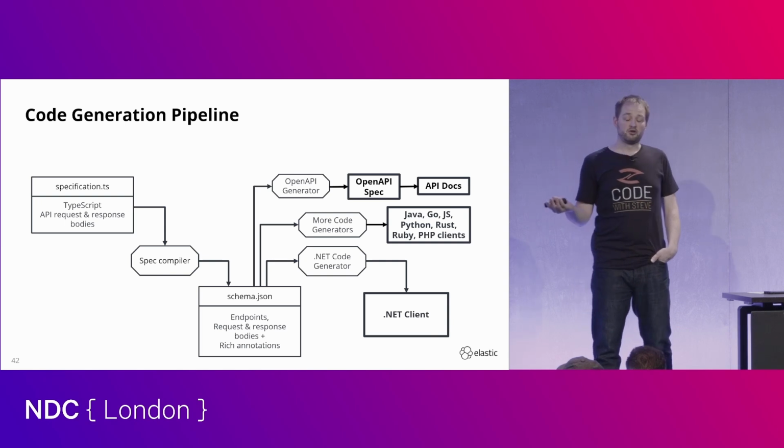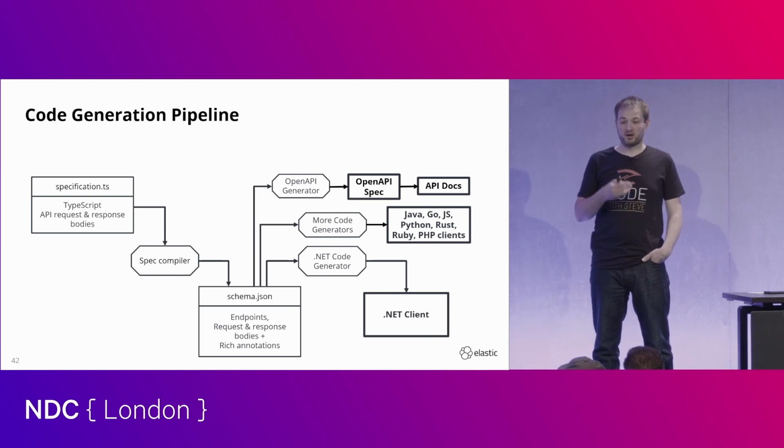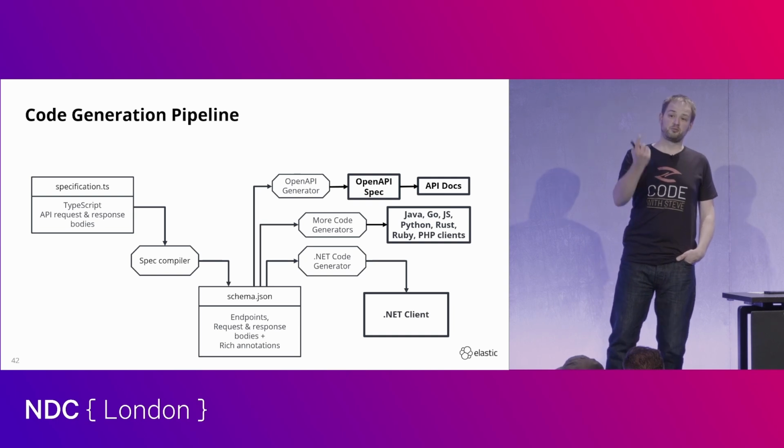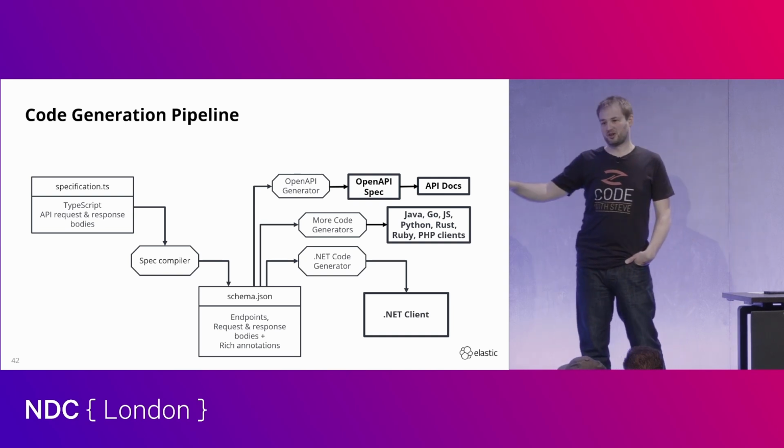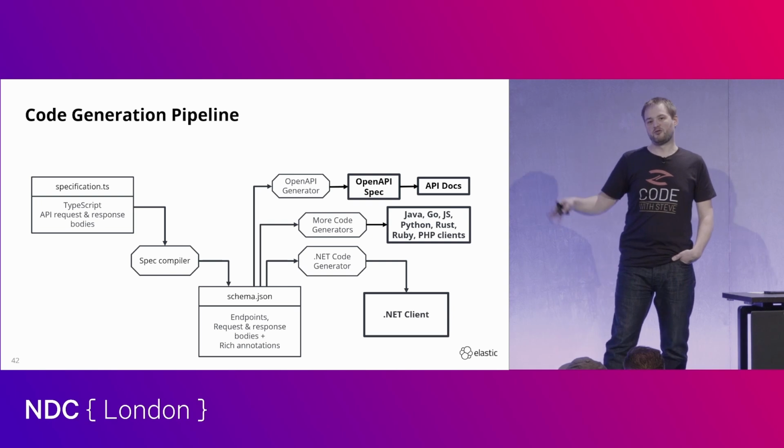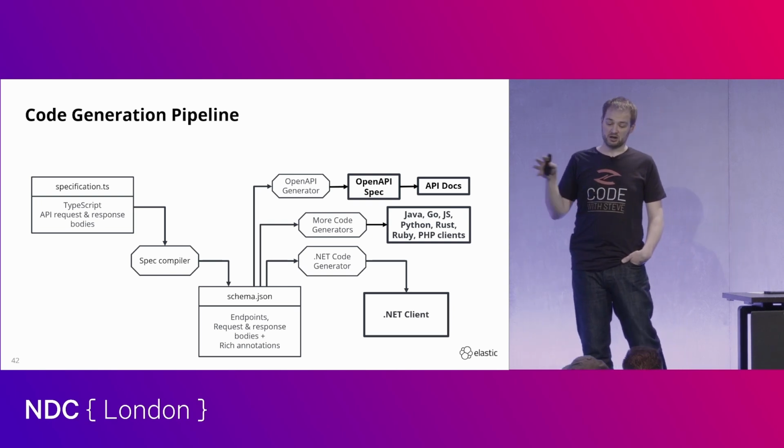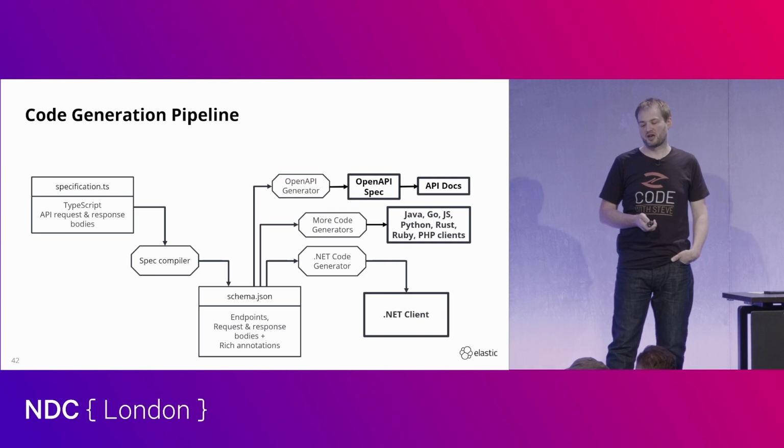The other interesting thing we could do, and we're starting to play around with, is we have now an OpenAPI generator that takes our schema.json format and spits out an OpenAPI spec. And then teams within Elasticsearch that want to work with OpenAPI can build API documentation off of that spec.